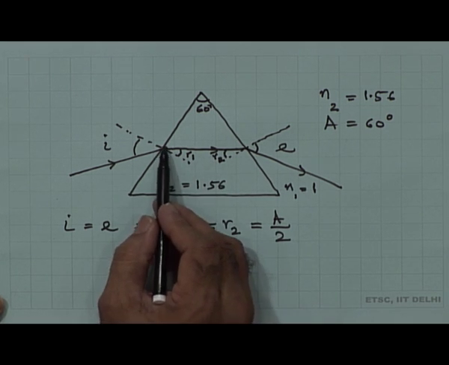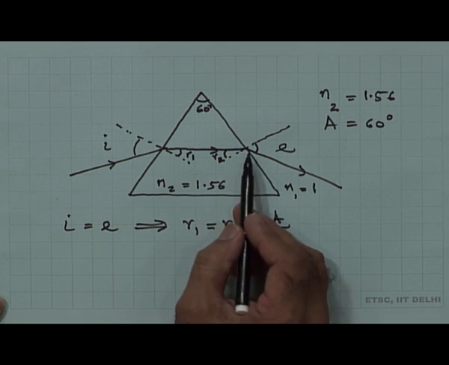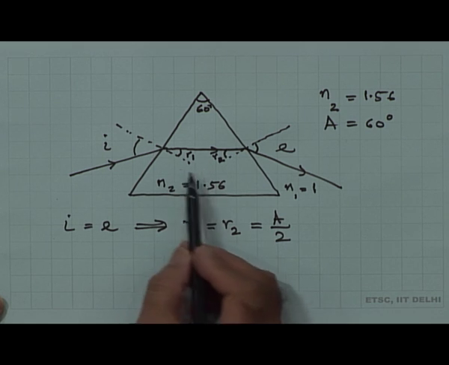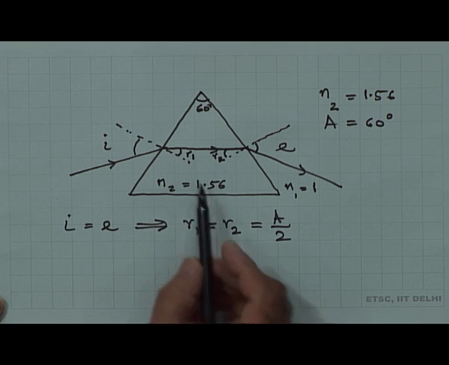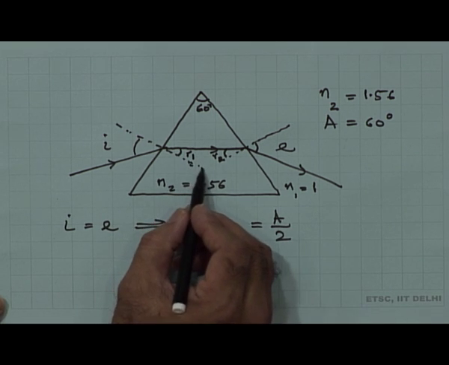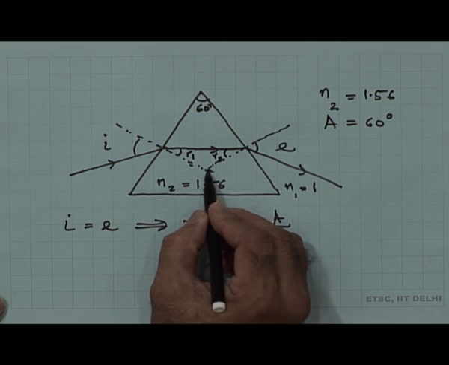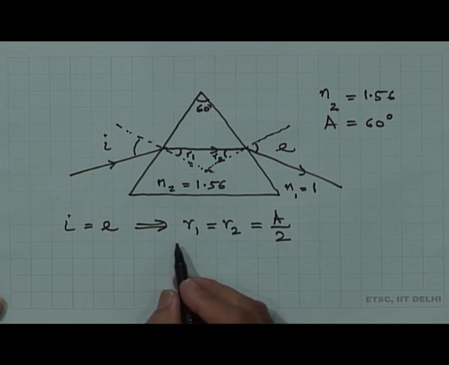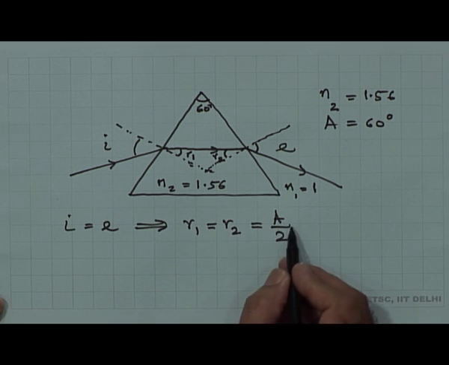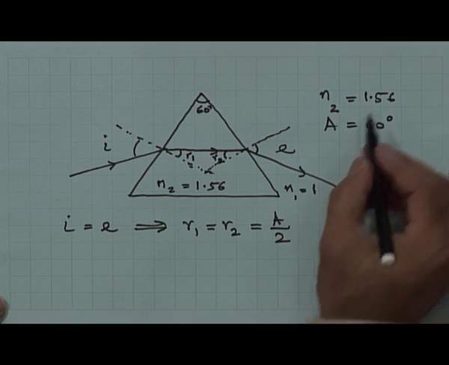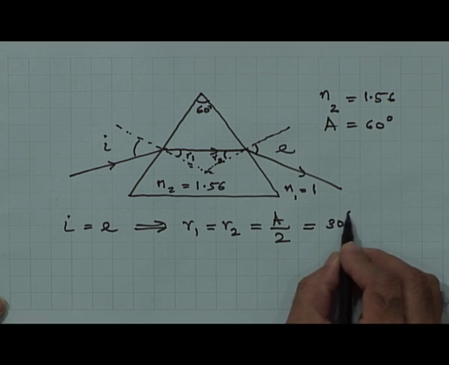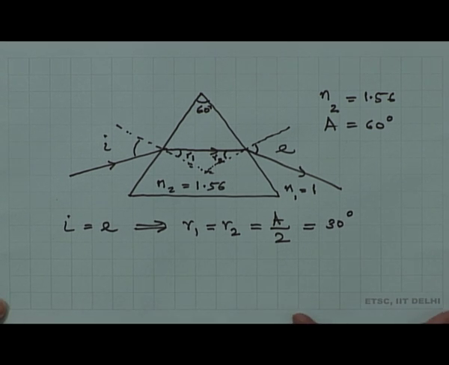We have already seen this, because this is 90 degrees, this is 90 degrees, therefore A plus this angle is equal to 180 degrees, and R1 plus R2 plus this angle, if I extend it here, will be 180 degrees, and therefore R1 plus R2 must be equal to A, and therefore R1 is equal to R2 is equal to A by 2. Because A is 60 degrees, we have this equal to 30 degrees.